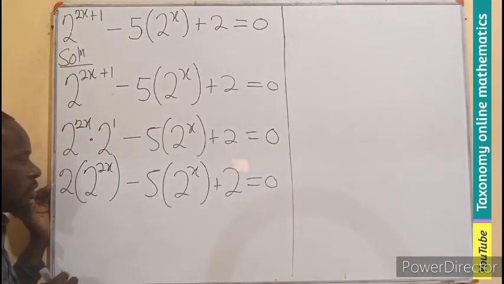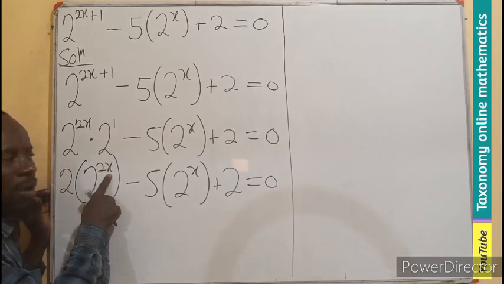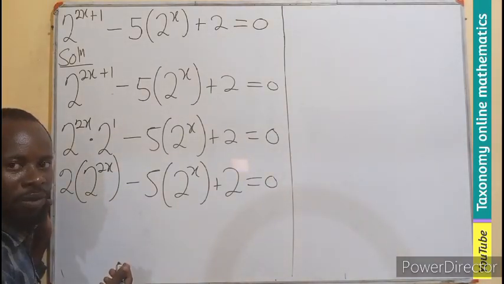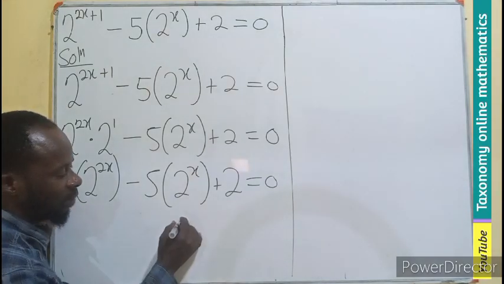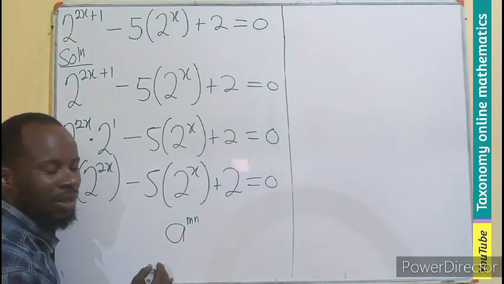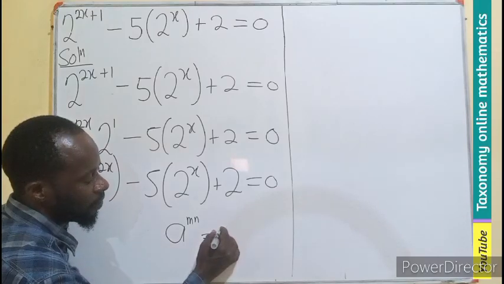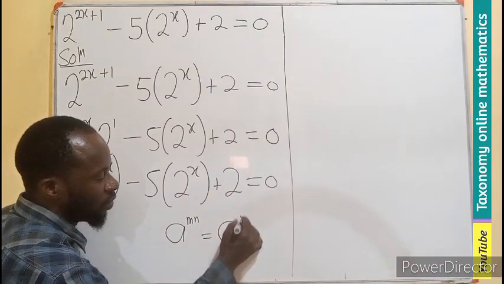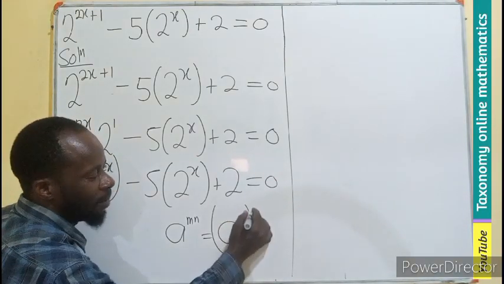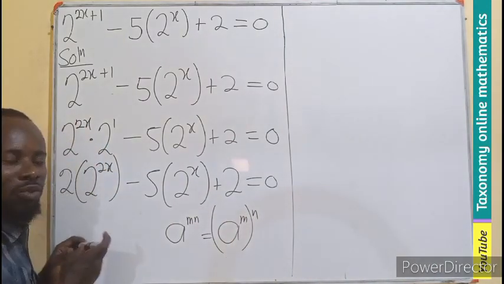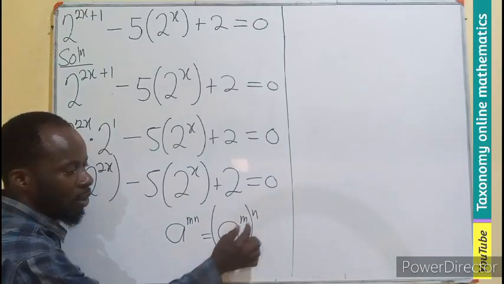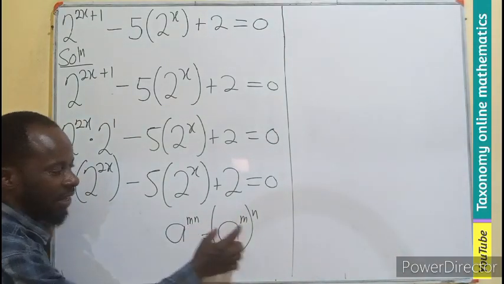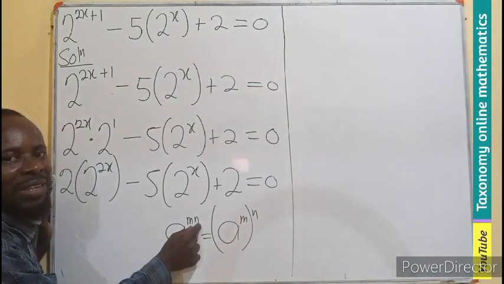equals 0. So right here also, I can employ the principles of indices, which says if I have a exponent of mn, this could also mean a exponent m, all raised to n. The two powers can be separated in this form, which means they are multiplying. That is, if I open the bracket, I'll get this.